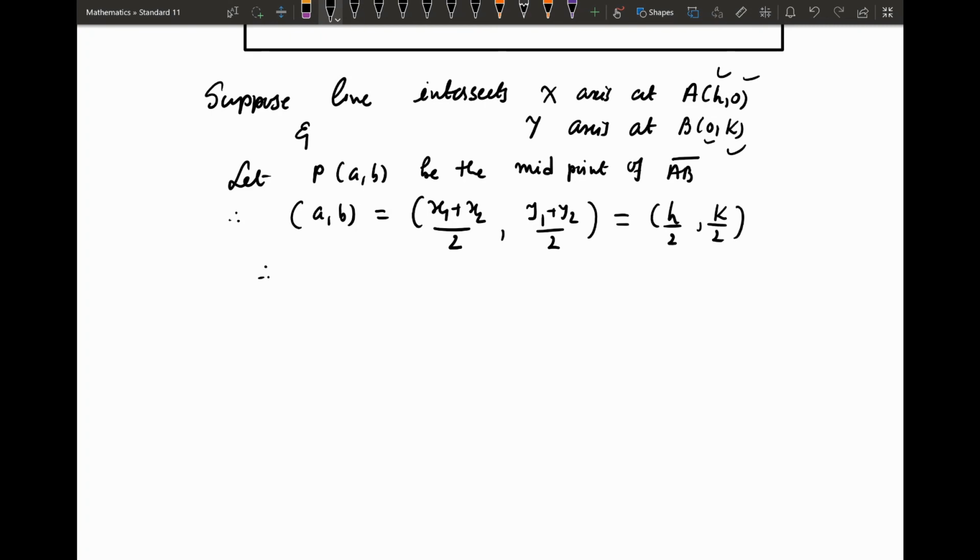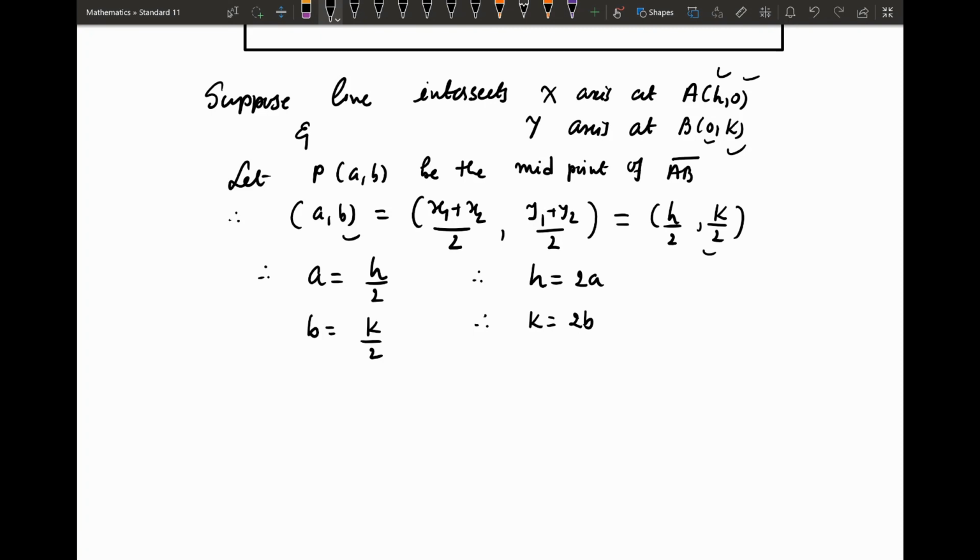So when we compare the x coordinate, a equal to h by 2 and therefore h equal to 2a. If we compare the y coordinates, b equal to k by 2, so k equal to 2b. So h equal to 2a, k equal to 2b.